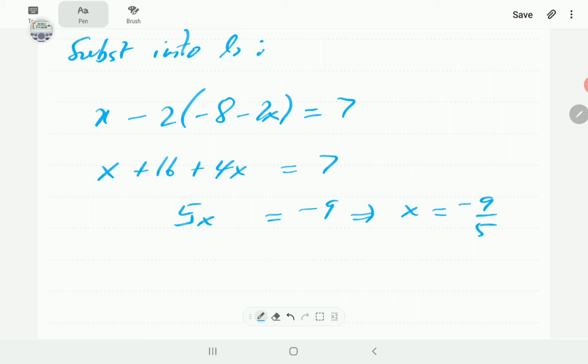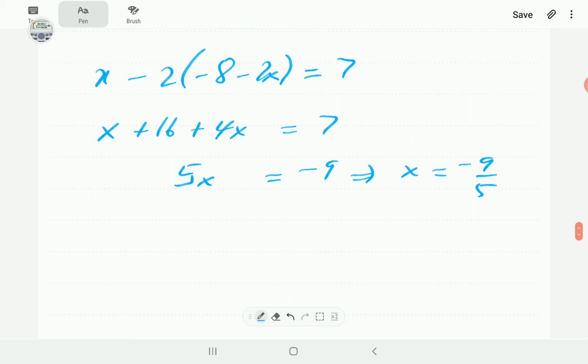Whenever we've got non-exact answers, we prefer to leave them as fractions rather than decimals. So from here, y is going to be -8 - 2 times -9/5.